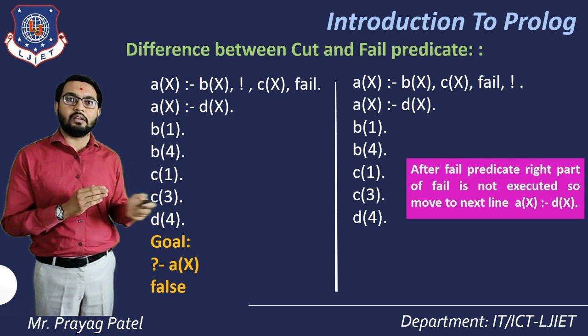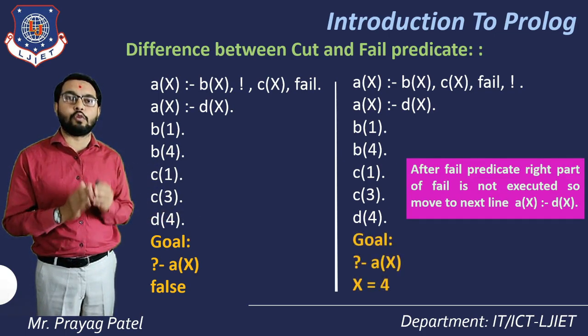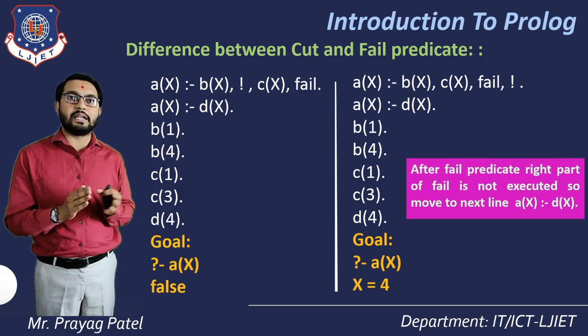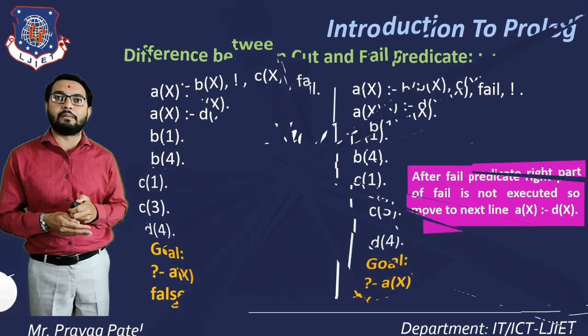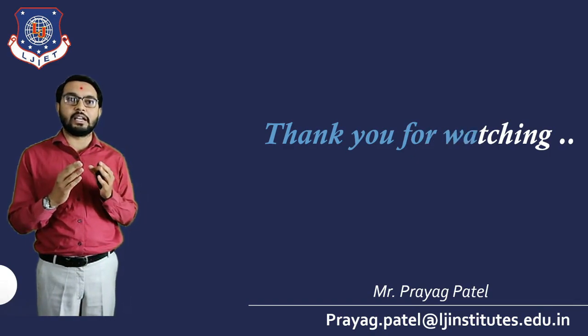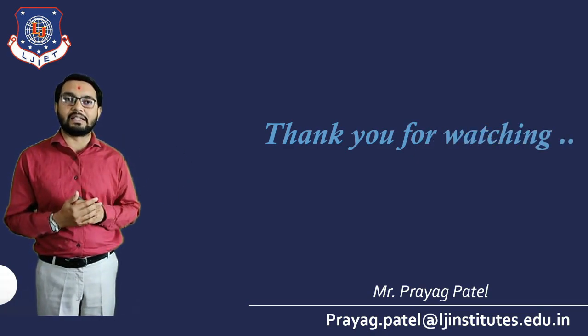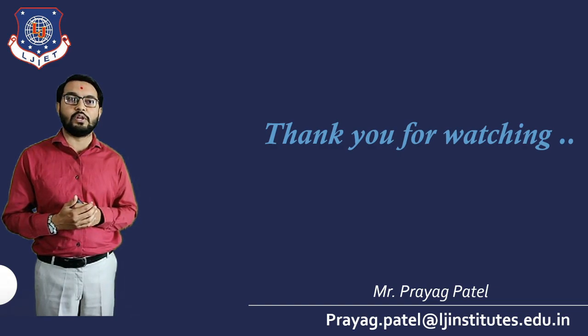So D4 is true, and we can say that the X value equal to 4. This is the basic difference between the cut and the fail predicate. In this lecture we discussed what the cut predicate and the fail predicate are using many examples. Thank you for watching this video.